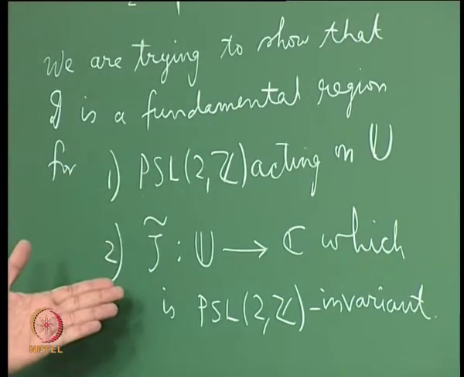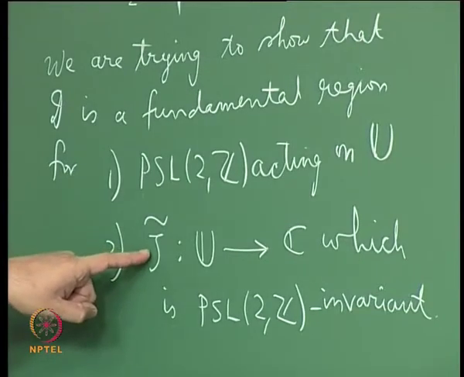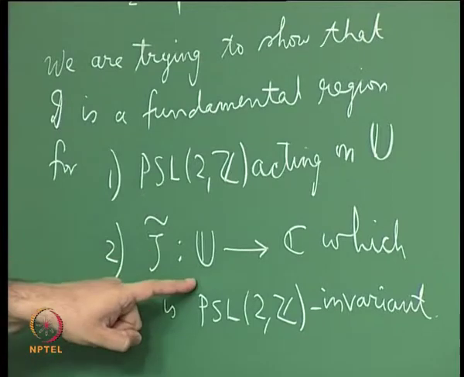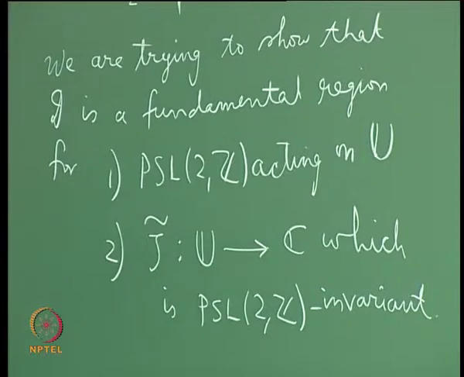We are trying to show this because this will prove that the function that j tilde defines by passage to the quotient from U mod PSL2Z to C will turn out to be a bijective holomorphic map, and so it will be a holomorphic isomorphism.